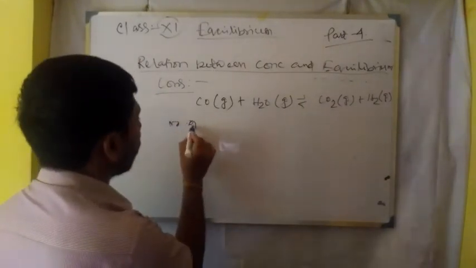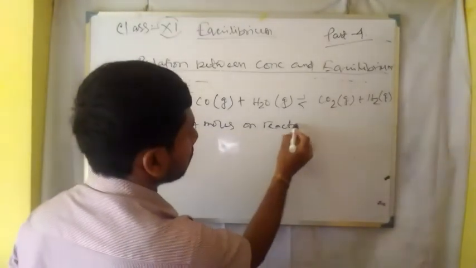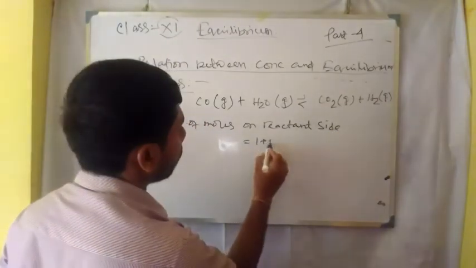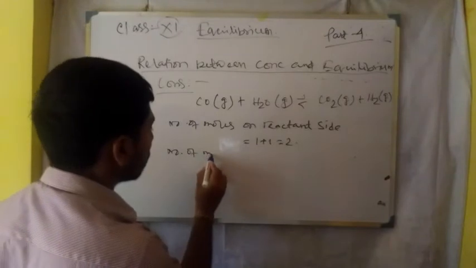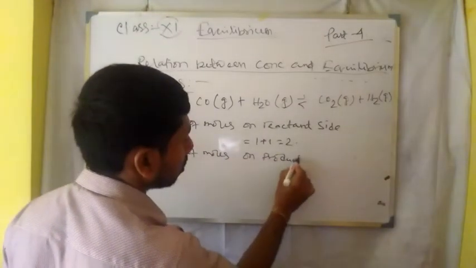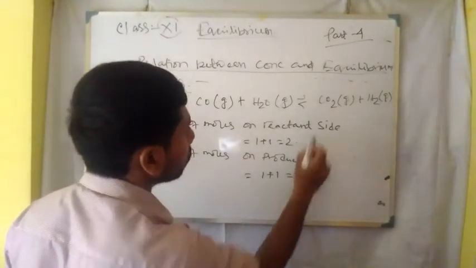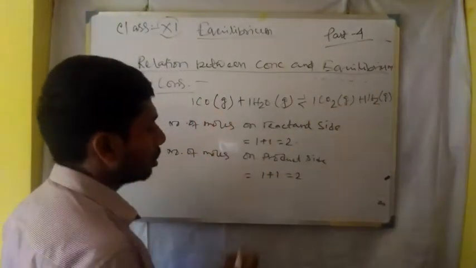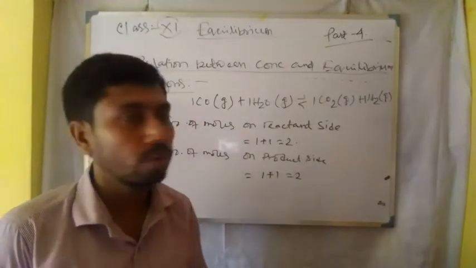Number of moles on reactant side is equal to 1 plus 1, that is 2. Number of moles on product side is equal to 1 plus 1, that is 2, because here is 1, here is 1, here is 1, here is 1. So the number of moles is equal on both the reactant and product side.